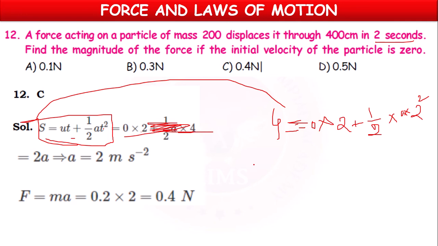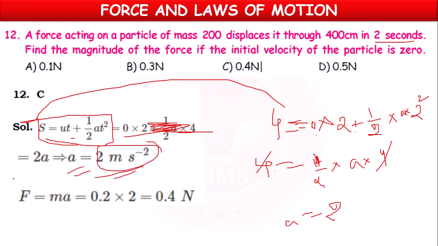Now 4 equal to 0 into 2, 0, plus half into A into 2 square, which is 4. 4 gets cancelled. 2 will come here. A equal to 2. So we will get A equal to 2 meter per second square.